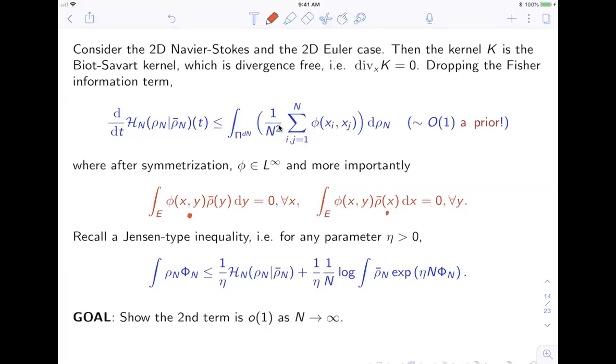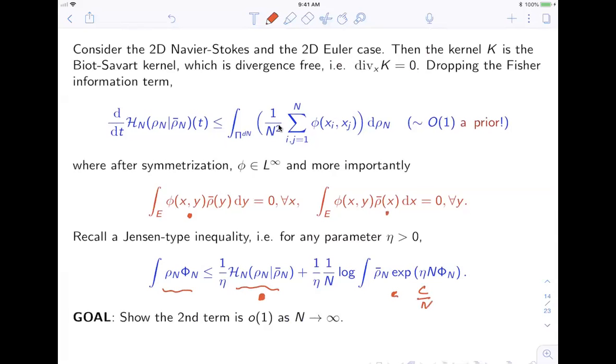Using those, we can use a Jensen type inequality and change those integrals to a first term given by the relative entropy, compensated with another term. This can be controlled by Gronwall, and as long as we can show this term is controlled by Cn, we are done.